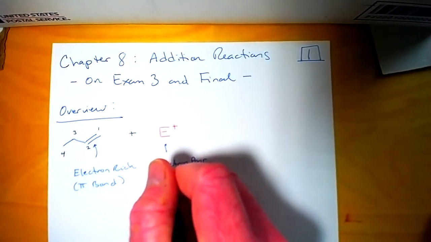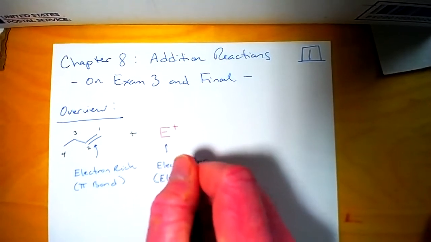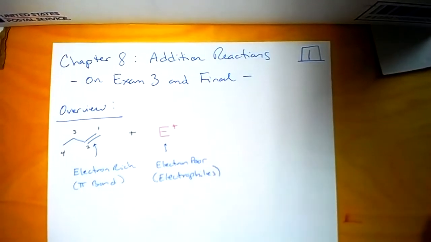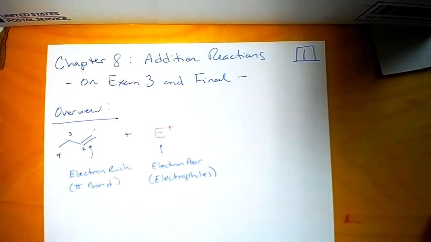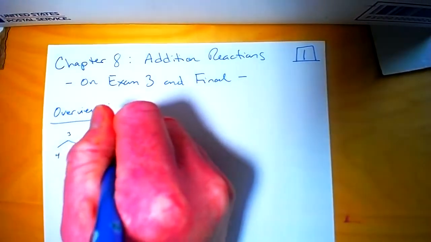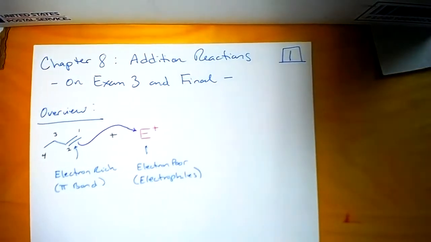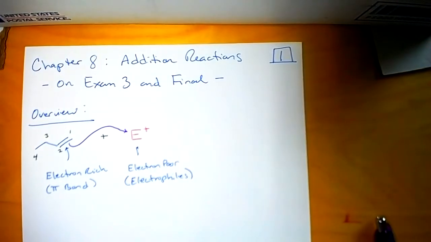It just has to have positive character. These are what are known as electrophiles. So the direction of the arrows here for the arrow pushing is that the pi electrons go and add to the electrophile.